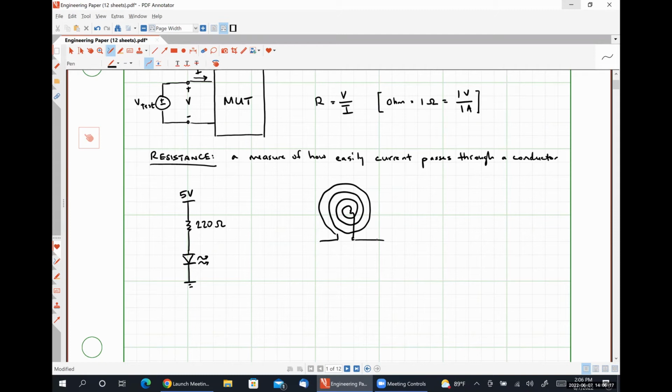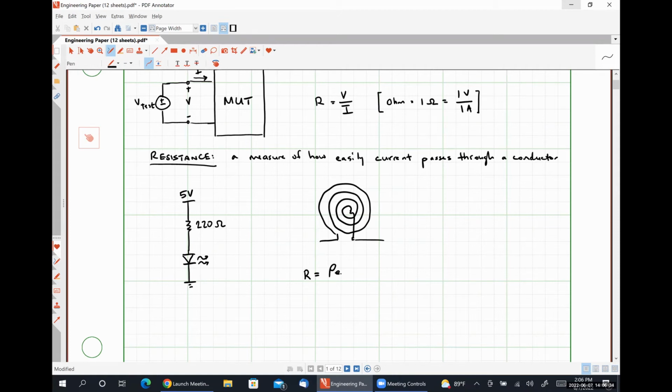And from this example, we can actually observe an alternative way to express resistance, okay? R, resistance, is dependent on the material of interest due to its resistivity, which is represented by rho.